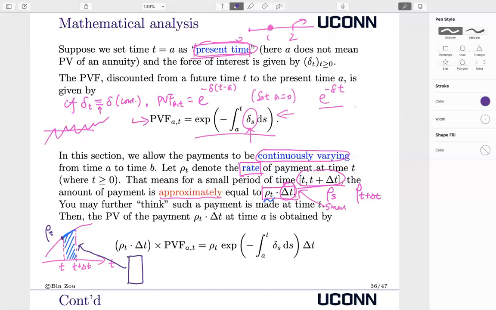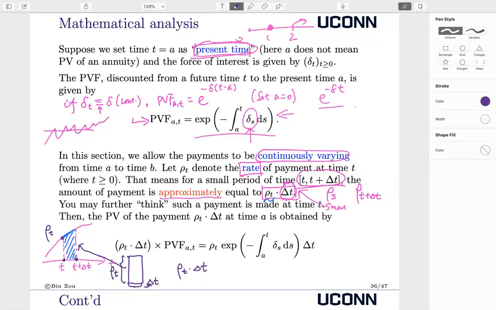Because the height is rho t, the width is delta t, because it is the right endpoint minus the left endpoint. The interval of time is delta t. So obviously, for this special rectangle, the area is rho t times delta t.